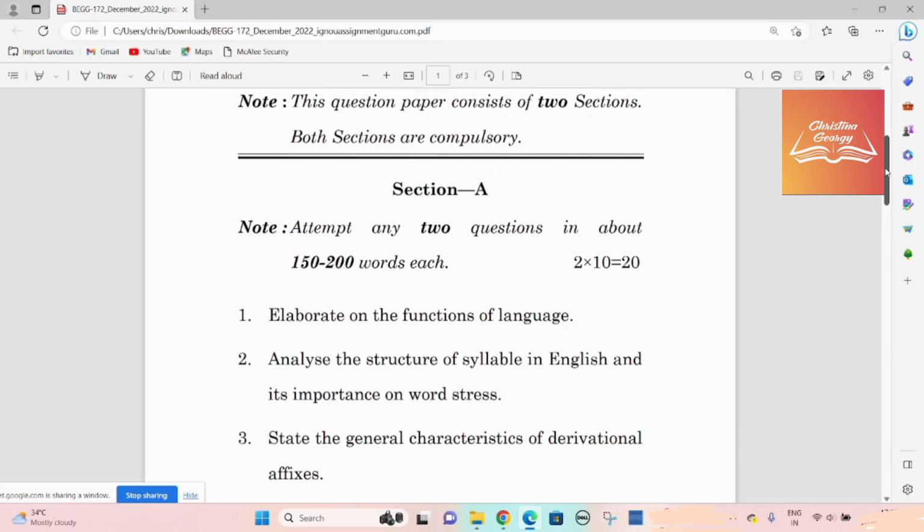There are 4 questions in total. I can understand that you are not able to view the 4th question at the moment, but I will show you soon. Okay, so under section A, there are 4 questions given, out of which you don't have to write all the questions, but just 2 questions. 2 out of 4.